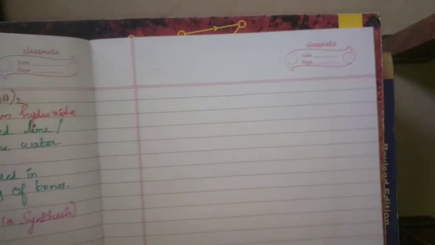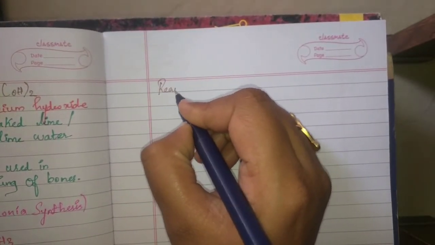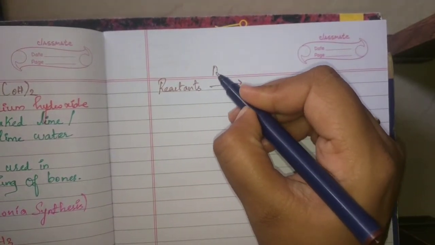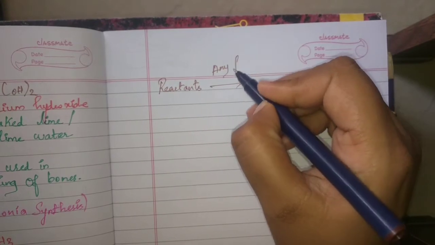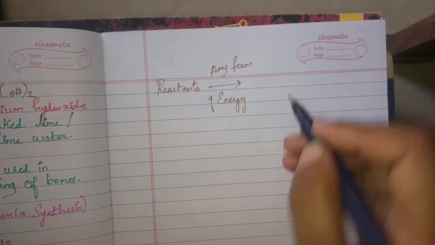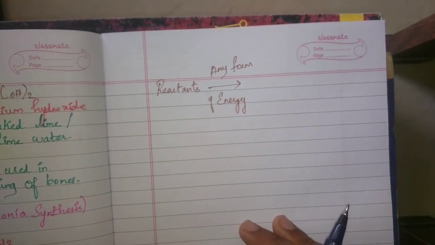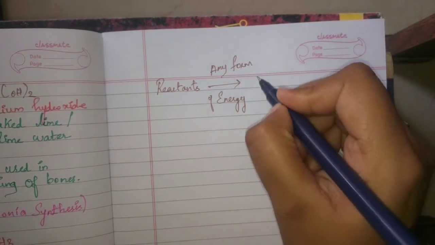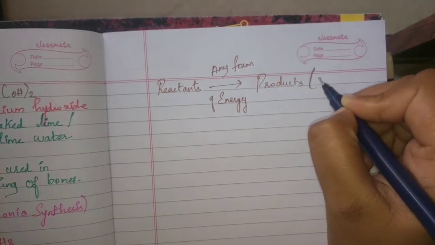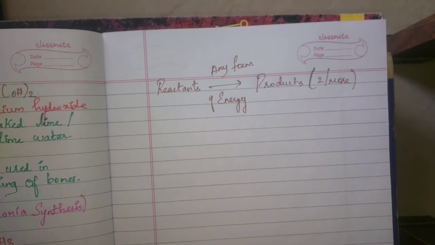See students, in a decomposition reaction the reactants use some form of energy. Without using energy, it will not decompose. So reactants use any form of energy, decompose and give two or more products.